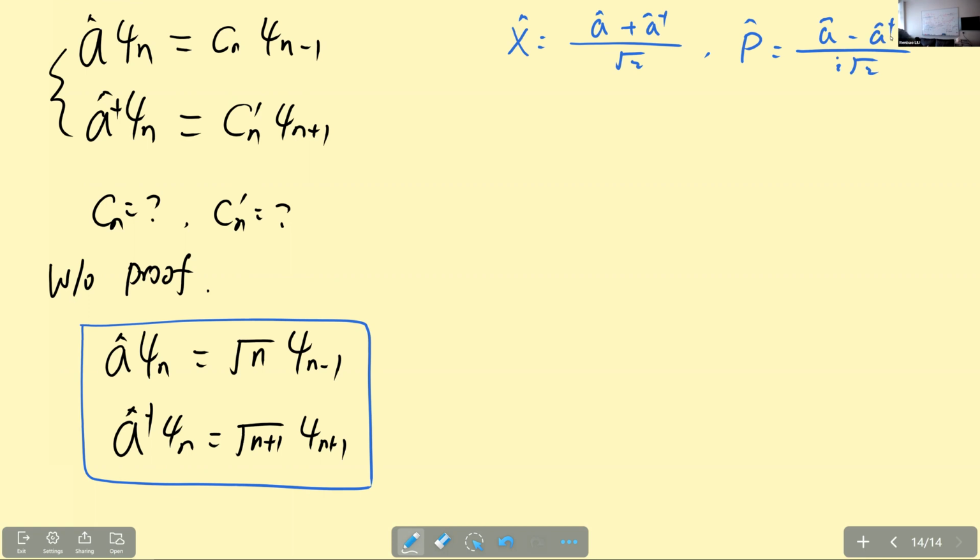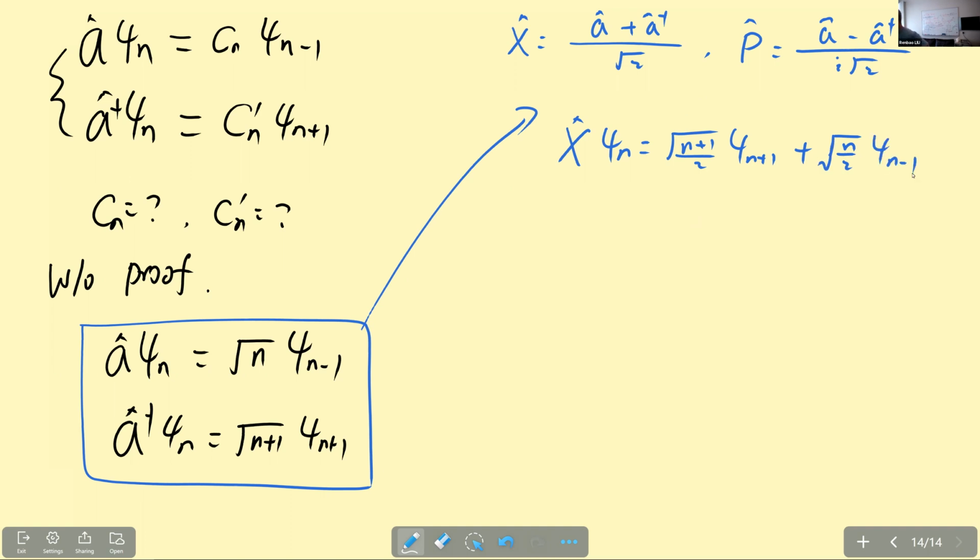And then you use this, you can obtain that x acting on |m⟩ will equal a constant times [√((m+1)/2)|m+1⟩ plus √(m/2)|m−1⟩].